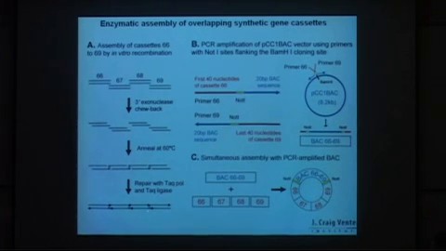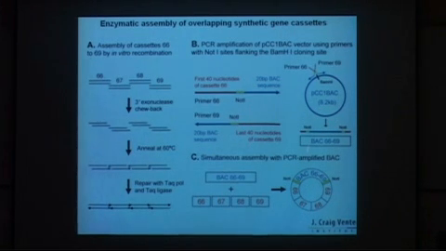And that will assemble the 4 pieces together. However, if you want to clone this in E. coli, you can assemble those 4 pieces with a vector that's been amplified with 2 primers that have homology at the ends of this assembly, so that if that's added to the reaction with the 4 cassettes, then the ends of the vector assemble here to form the complete molecule, which can be directly cloned into E. coli.